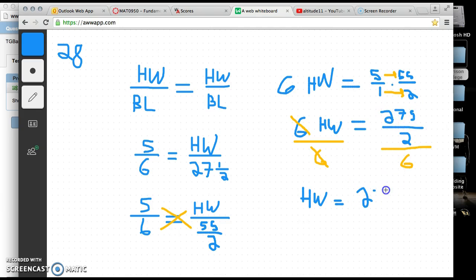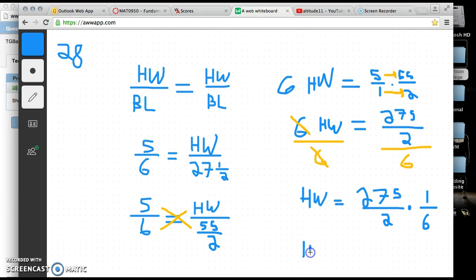I'm going to write this out. We'll all see why in a second. 275 all over 2. And now this is divided by 6. So think about 6 as a fraction. That's 6 over 1. So dividing by 6 over 1 is the same as multiplying by 1 over 6.